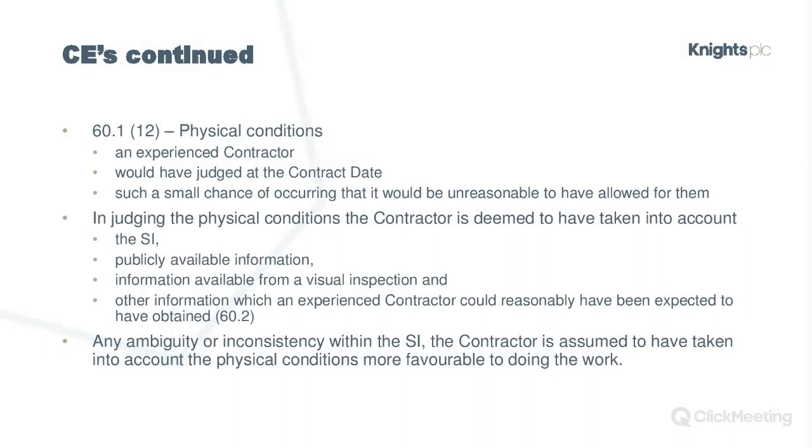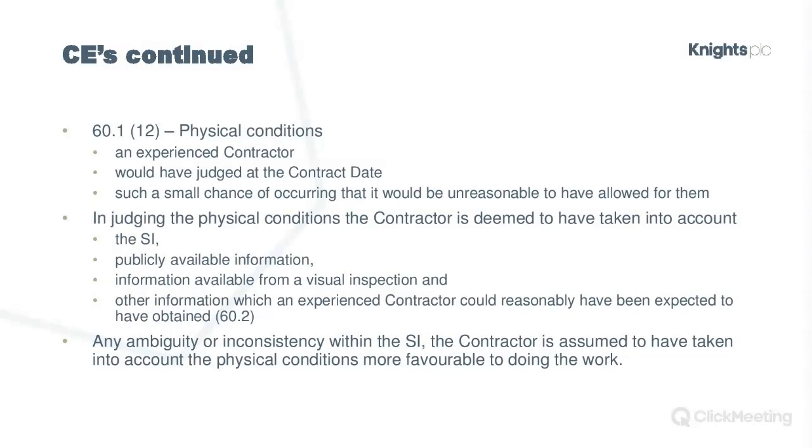So that's all of the information, so you've got to tick all of those boxes and show that even considering all of those issues at the contract date, you were reasonable in thinking that what has happened on site in this instance had such a small chance of occurring that it would be unreasonable for you to allow for them.